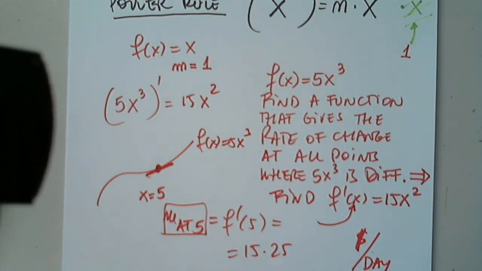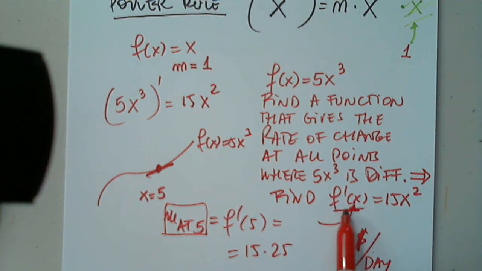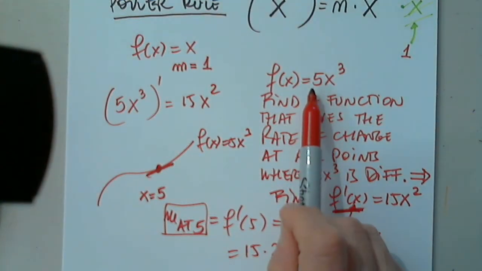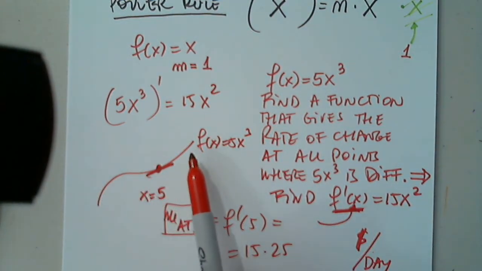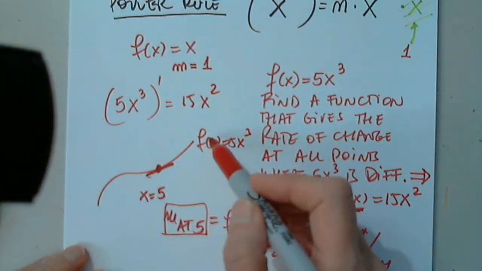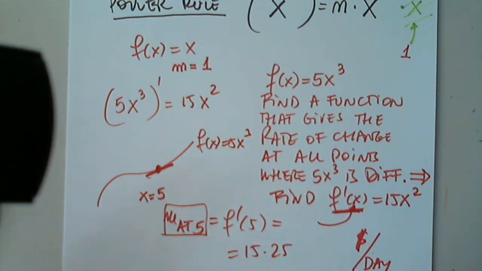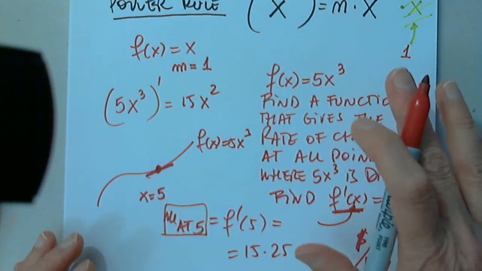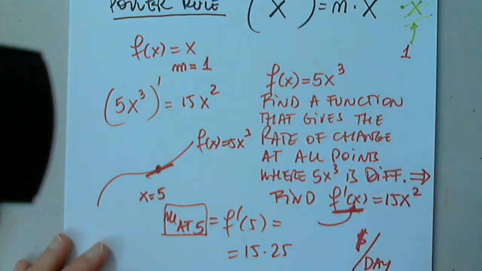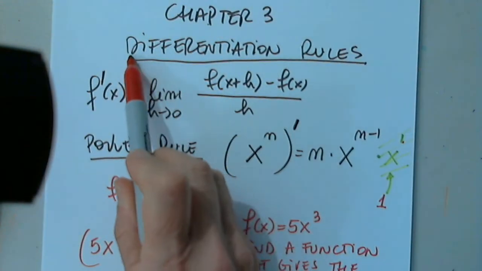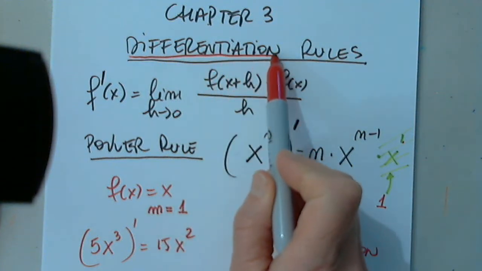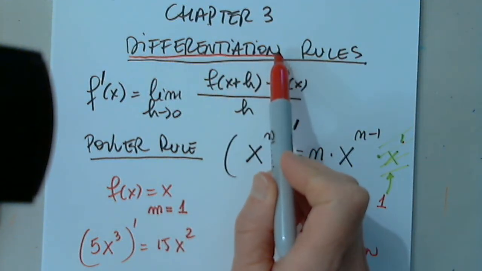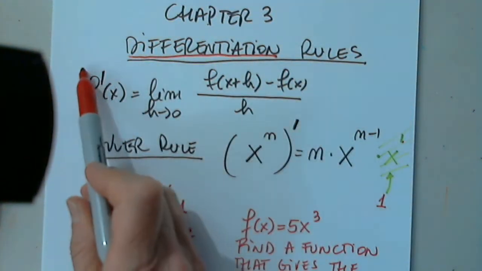So that's why we are always trying to find the rate of change of a function, to see what the function is doing. Maybe a function is increasing or decreasing or has a max or a min. We're going to talk about all that in chapter 4. Right now, we are going to focus on how to find derivatives fast, not with the definition.